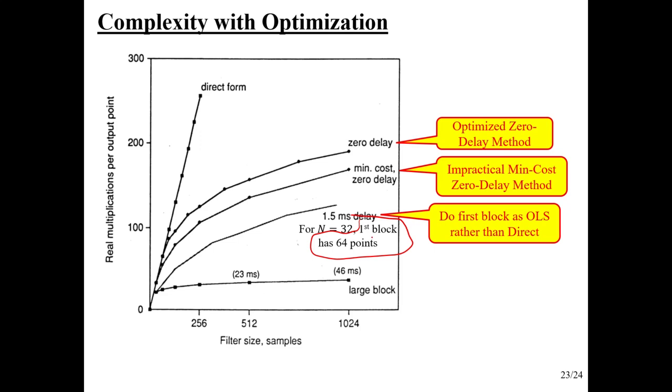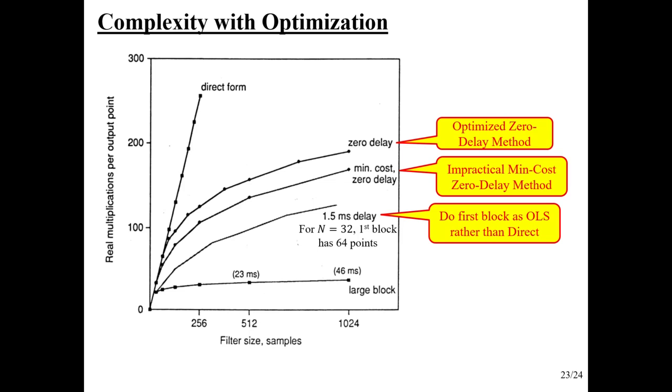And if you take 64 and divide it by our sampling rate, we'll get seconds of delay or latency. That's about 1.5 milliseconds of delay. That's hardly anything to be concerned about. And look, it saves a lot. It's even more efficient than the minimum cost zero delay.